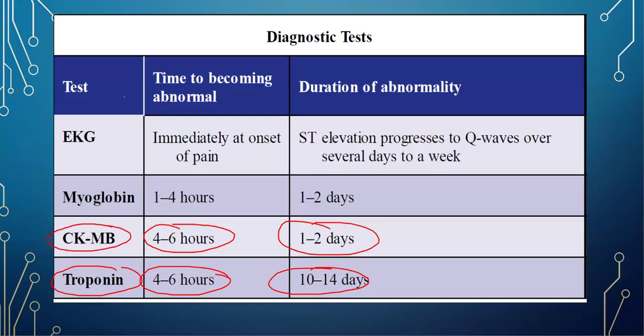Now the question comes: definitely we know that the preferred investigation for anyone with left-sided chest pain is ECG followed by troponin. Let's say a patient who you have treated for myocardial infarction, the troponin was very high, let's say 2000.